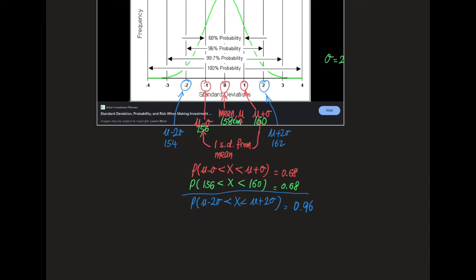So for my example, 154 to 162 has probability 0.96. Three standard deviations away, the probability is 99.7%. Four standard deviations away, the probability is 100%. These are the ideas of standard deviation, which is normally the difference from the mean.